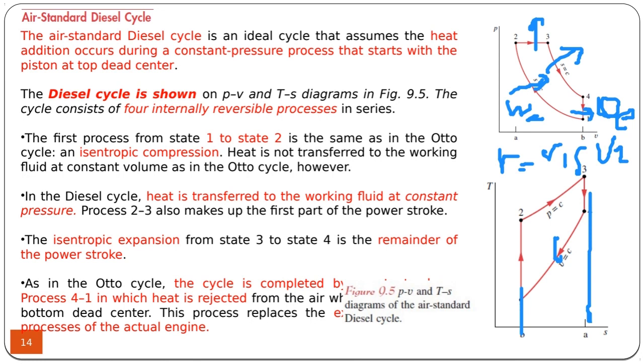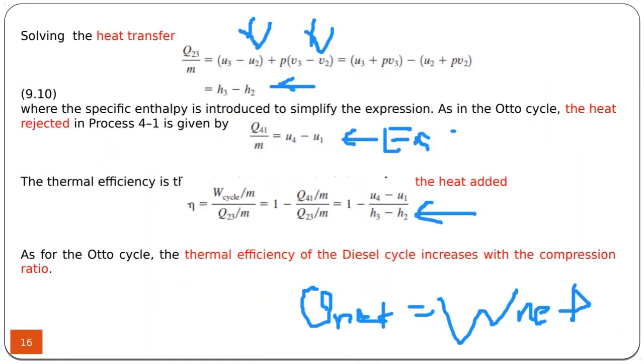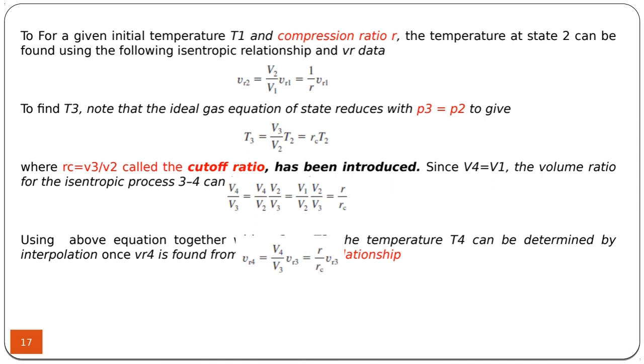So by combining them, we can have a ratio of V4 over V3, which is the compression ratio divided by the cutoff ratio.